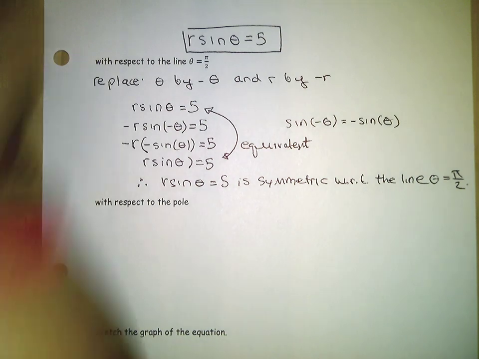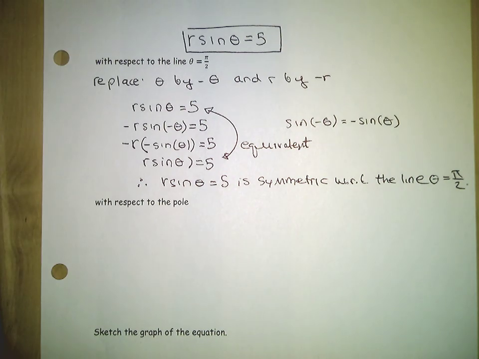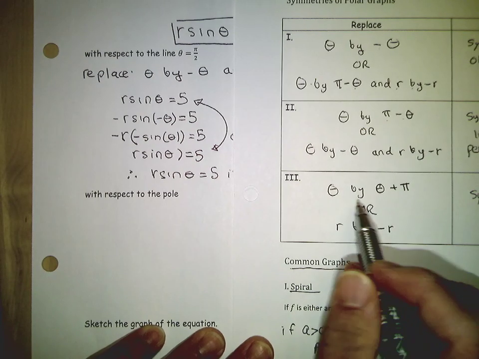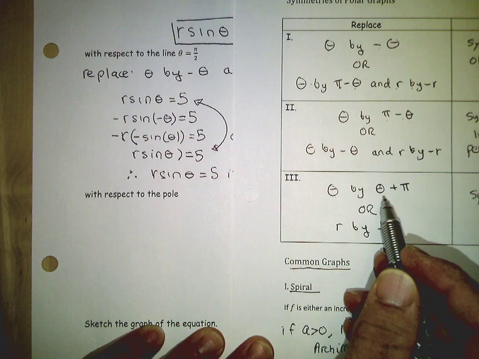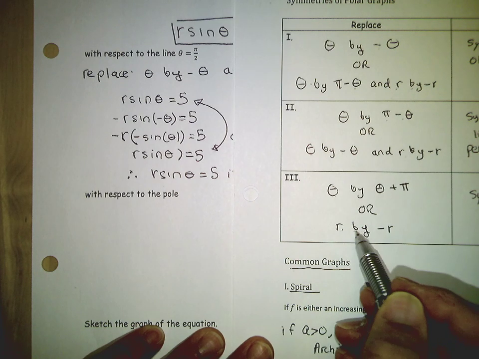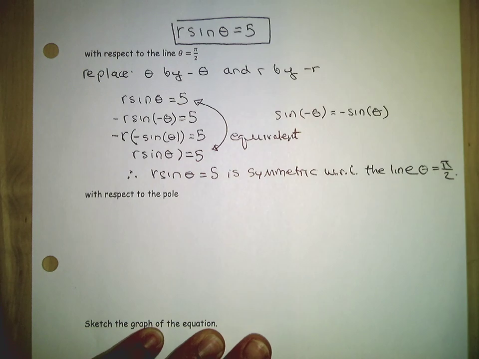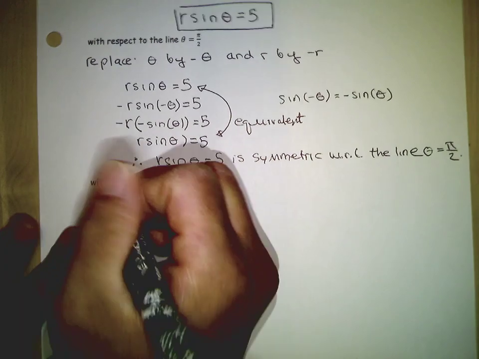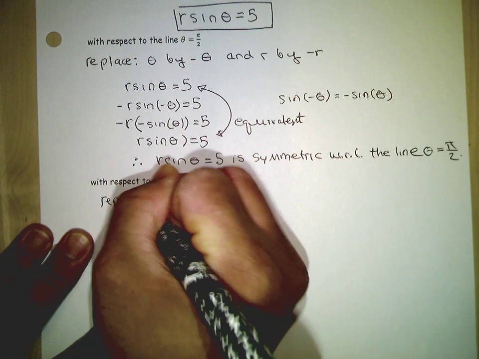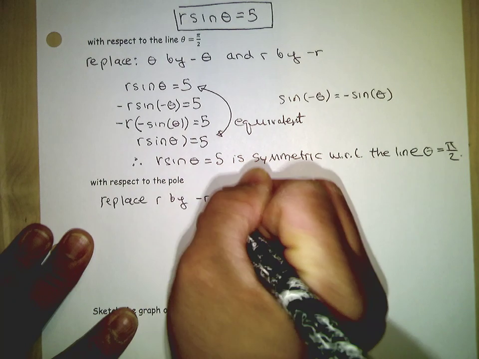All right, so let's do this one more time here with respect to the pole. And remember, for symmetry with respect to the pole, we can replace theta by pi plus theta, or theta plus pi, or r by the opposite of r. So you can pick whichever one is easier, or whichever one you actually remember. So let's replace the r by the opposite of r here.